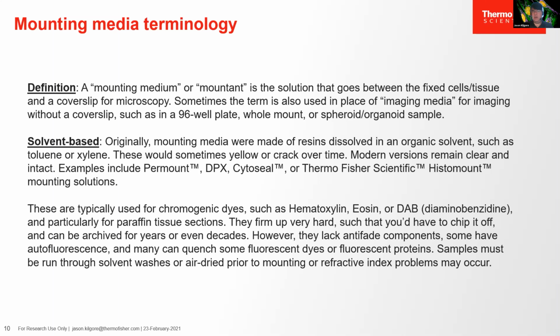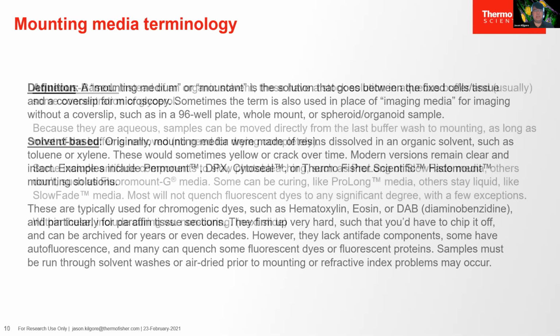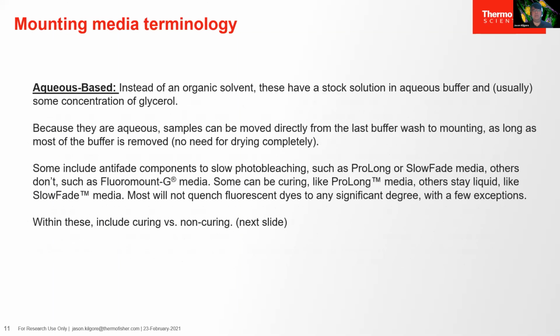Some of them have autofluorescence like Permount, which will drastically lower your signal to background ratio, and you don't want that. And some of these, like Cytoseal or DPX, will quench fluorescent dyes to some extent or even completely in a few cases. So instead, you'd want to use an aqueous-based mountant for fluorescence whenever possible.